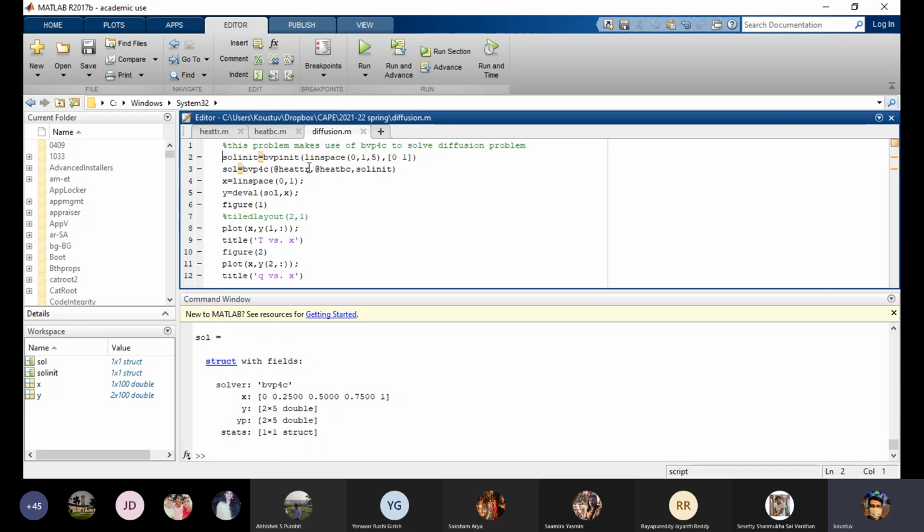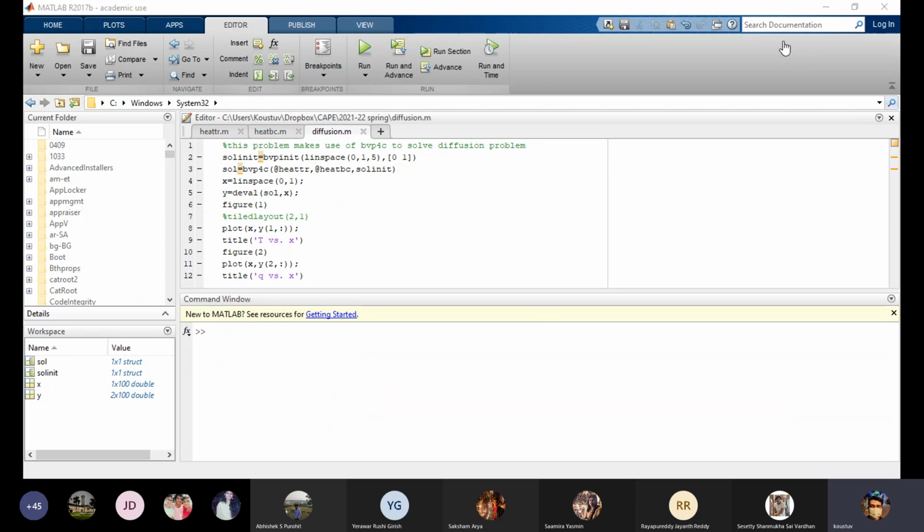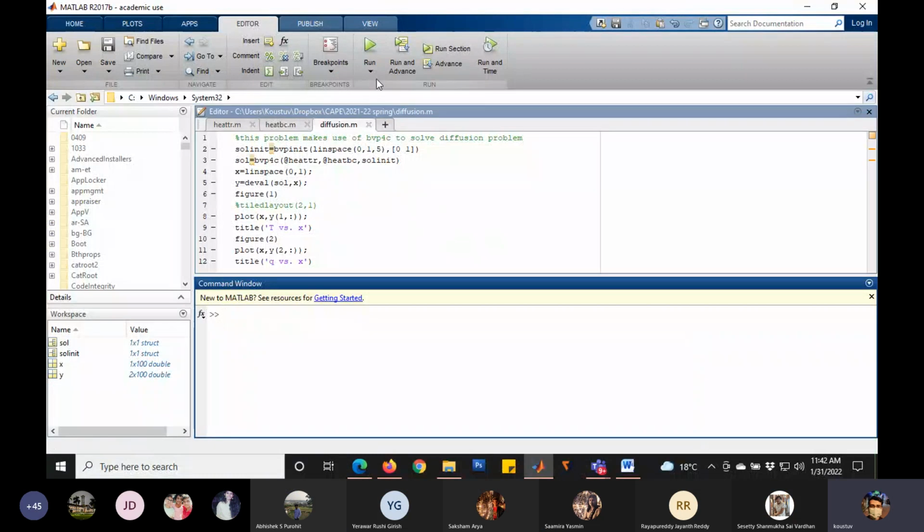So let us run this file and see what happens. First let me clear it. I think I have to share the whole screen so that you can look at the plot. Okay, now I'm starting it.